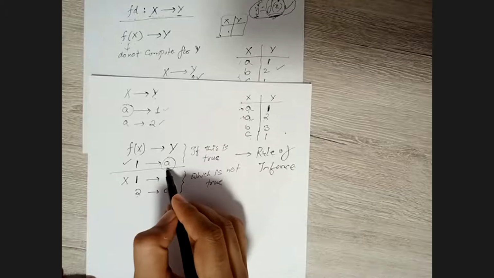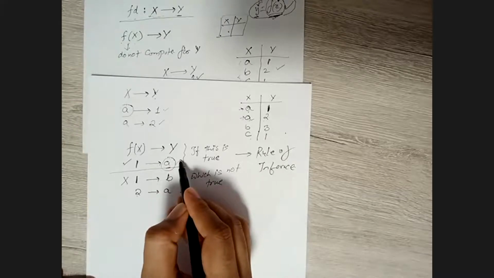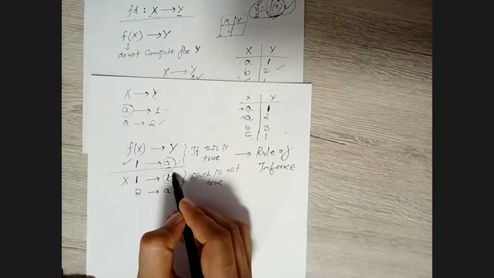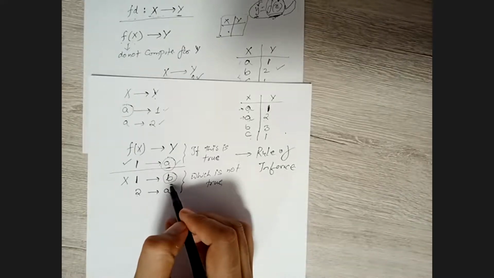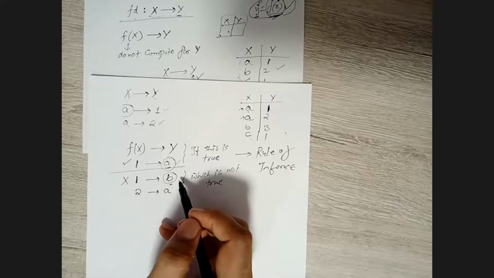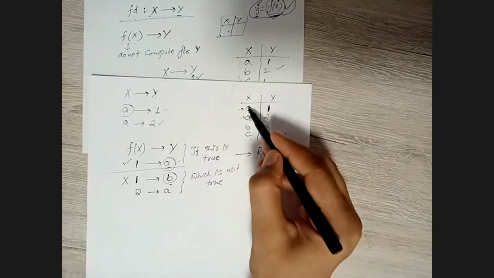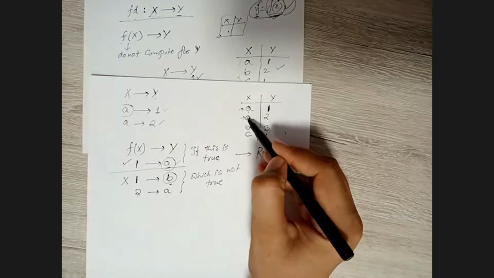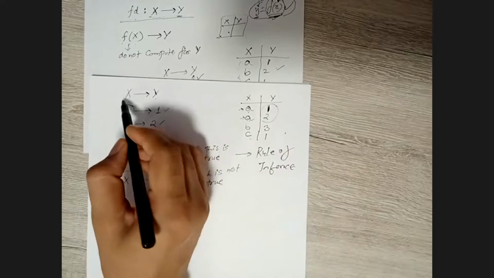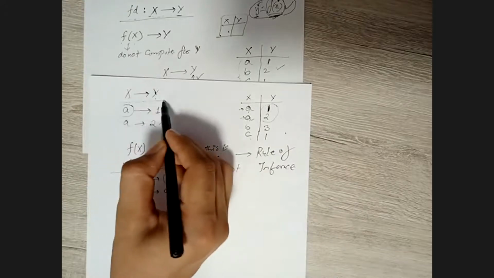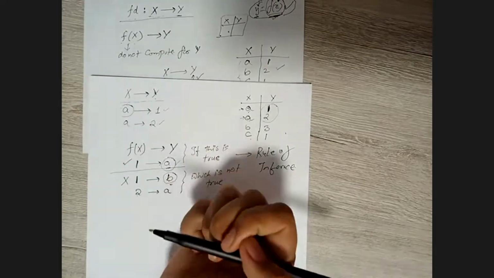Because I'm saying that this is for sure true, we cannot have the value b over here. And this is what I mean to say: for the same value of x we should have the same value of y. If my x values are the same multiple times, then we cannot have different values of y when we are talking about functional dependency. X determines y over here.